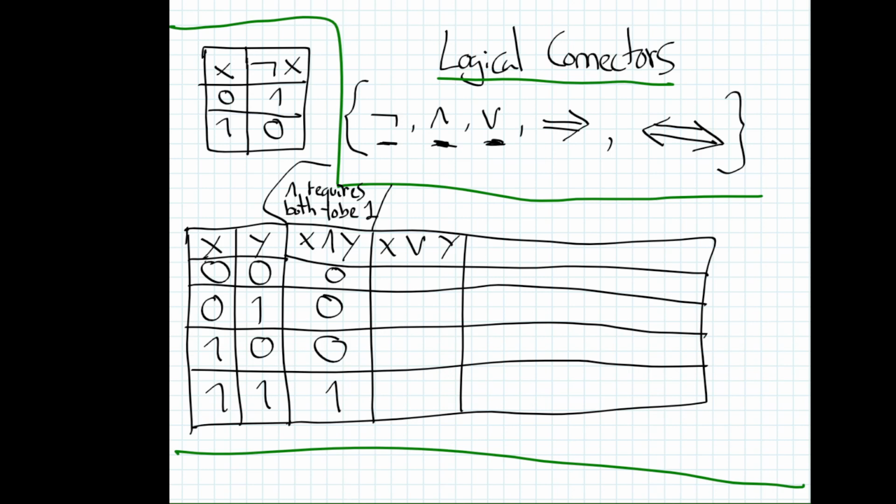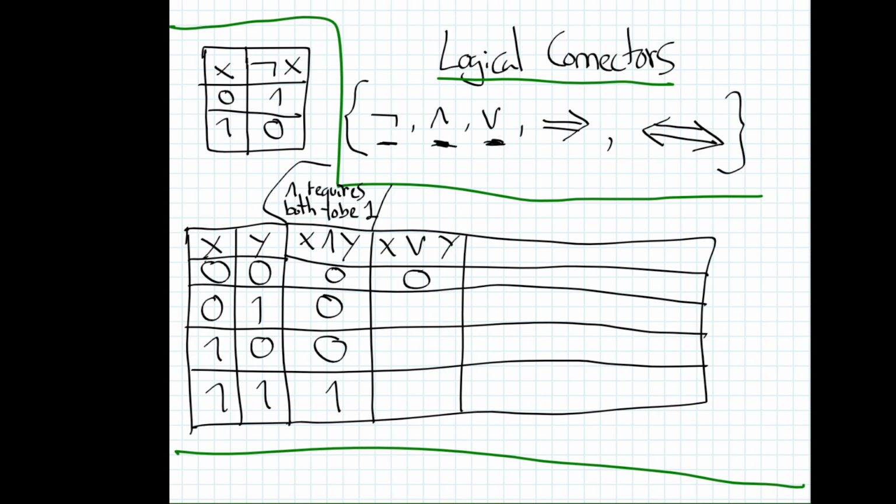Since in the first scenario, both are 0, they're negative, they're false, then the disjunction will return false, because not one nor the other are 1 or true.